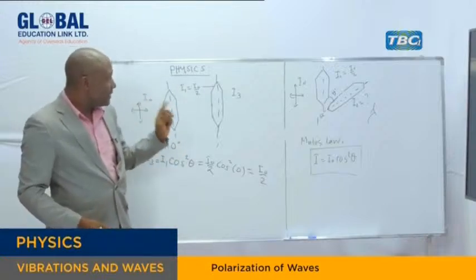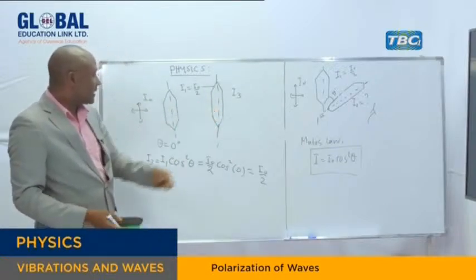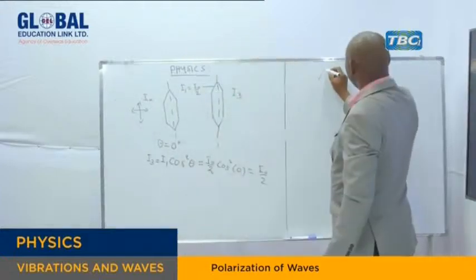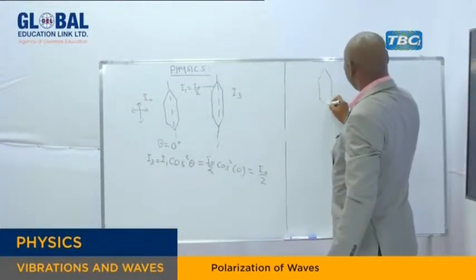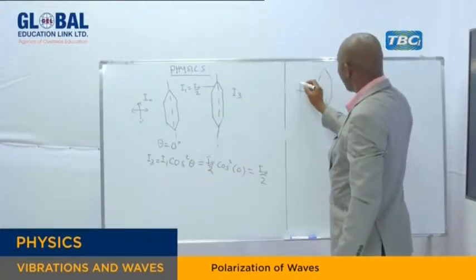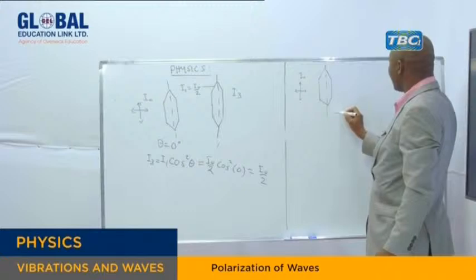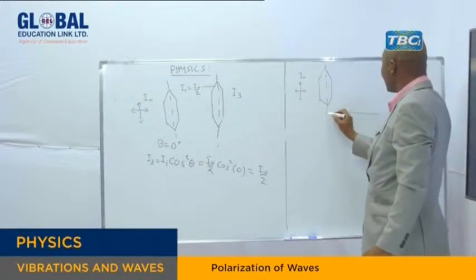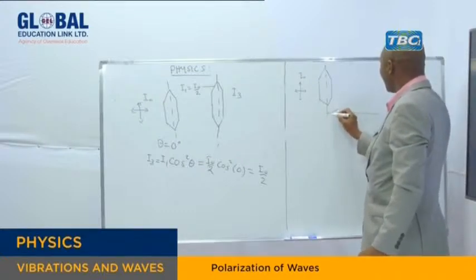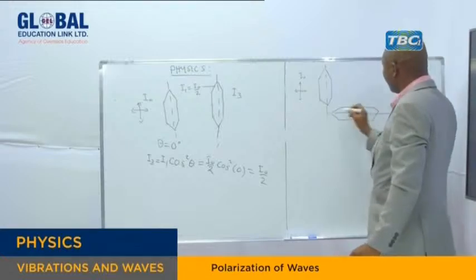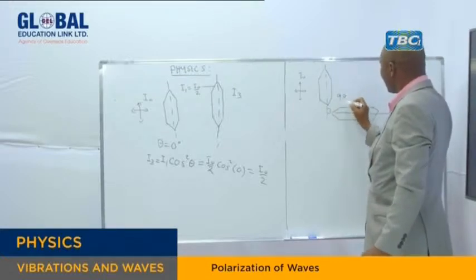Now, what happens when the second polarizer is at a right angle? Let's prove what happens. If this was our I naught, now the two polarizers are at right angle. The angle here is 90.